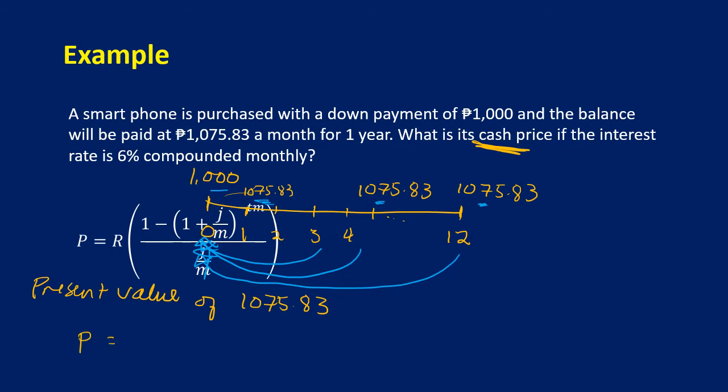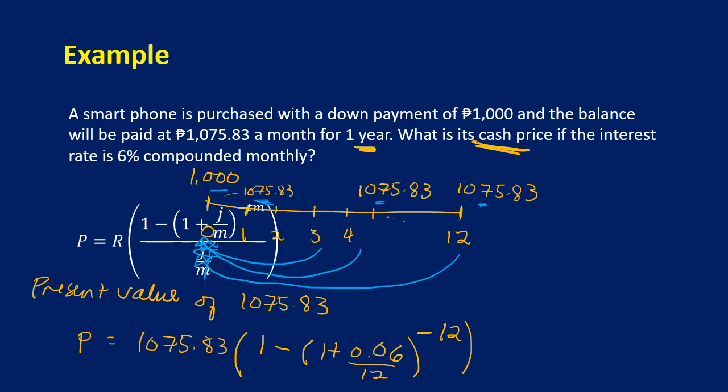Our P is R. What is my R? 1,075.83 times 1 minus 1 plus the interest, 0.06 over 12, raised to negative 12, right? Because it's only for a year. 12 times t, but t is 1. All over, oops, the entire thing, all over j over m.